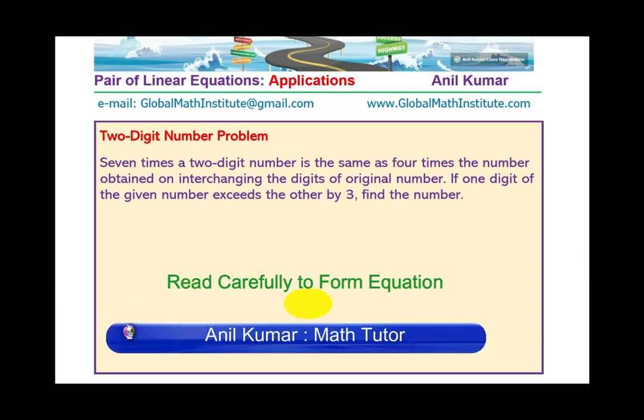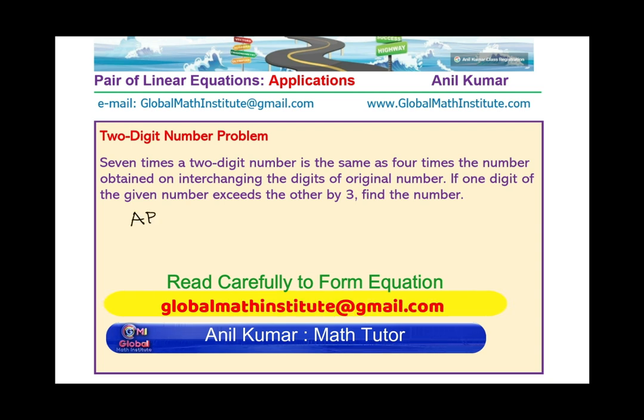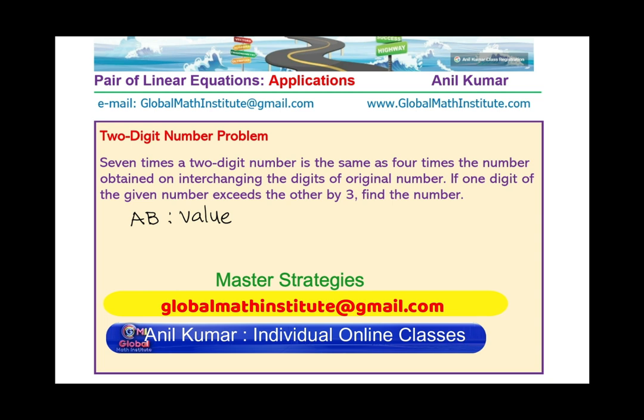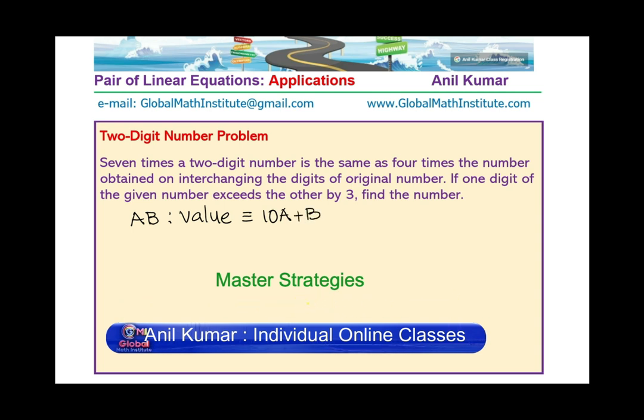When we talk about a two digit number, let's say the digits of the number are AB. So if AB is the digit of the number, in that case, what is the value of this? A is in the tens position, so the value of this is 10A plus B. B is at the units place, correct?